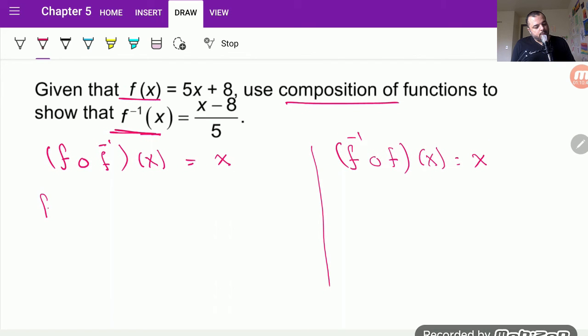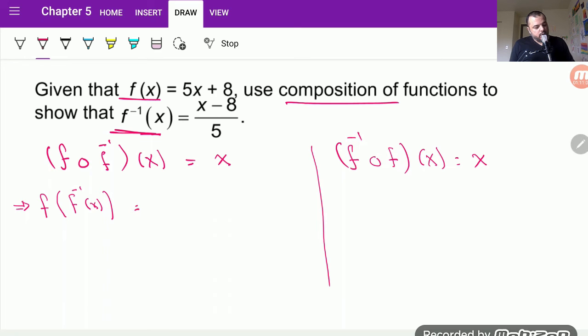So how to do this? If you remember, f composed with f inverse is going to be f of f inverse of x. This is the first step. The input for the function f is going to be f inverse of x.